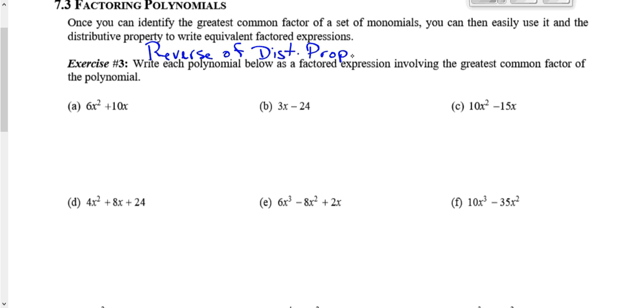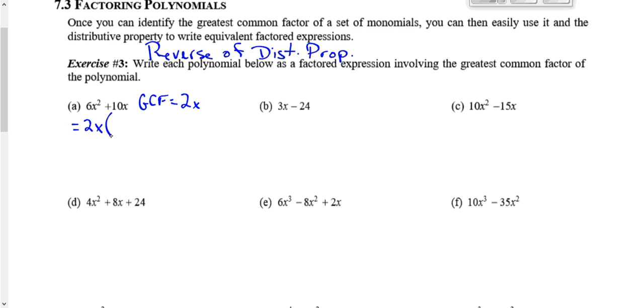So let's look at 6x squared plus 10x. What is the GCF for both of these terms? 2x, right? So that's what I can factor out of both of them. So this would equal 2x, and then my parentheses, right? What's 6x squared divided by 2x?